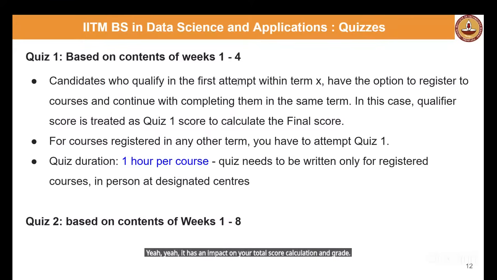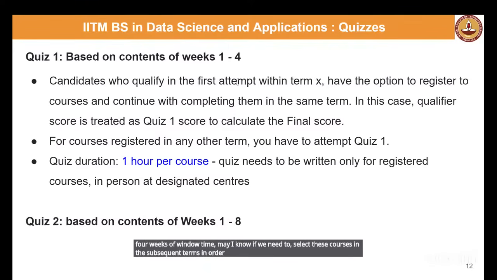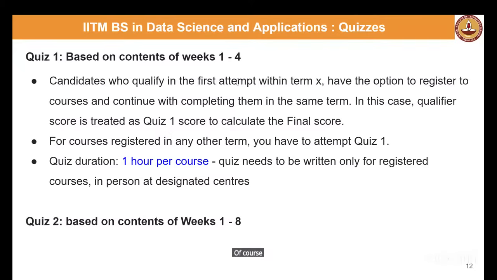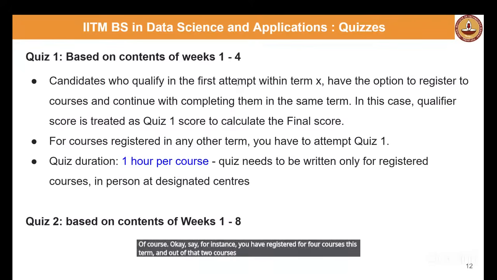My second question is, if you're dropping 1 or 2 courses before the 4-week window, do we need to select these courses in the subsequent terms in order to complete that course? Say for instance you have registered for 4 courses this term, and out of that you wish to drop 2 courses during the drop window.